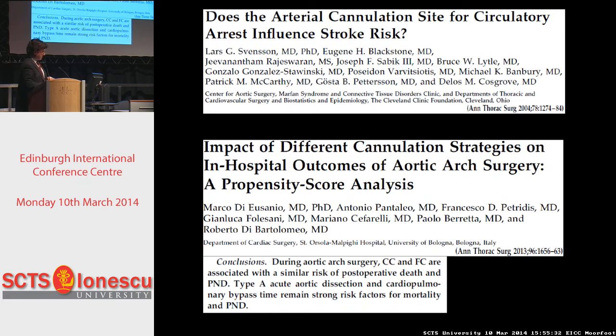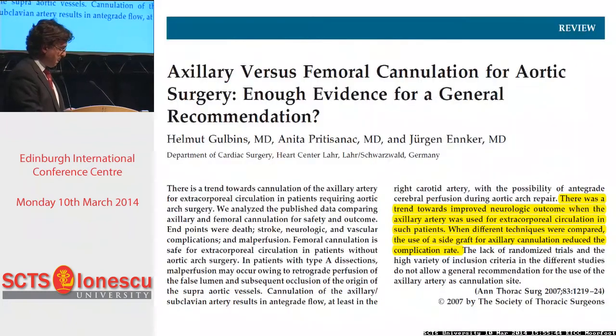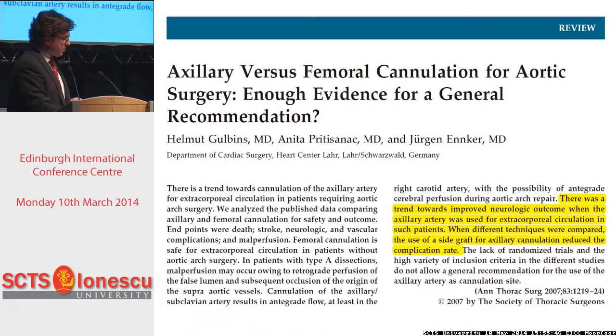And you can see in their conclusion that central and femoral cannulation are associated with similar risk of postoperative death. So the femoral artery is still there to be used. I think the most comprehensive and sensible review, which again confirms the better trends towards improved neurological outcome when the axillary artery is used.